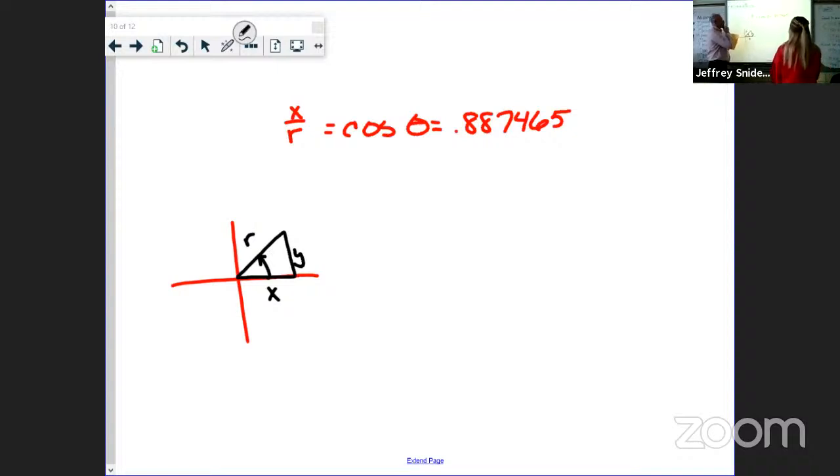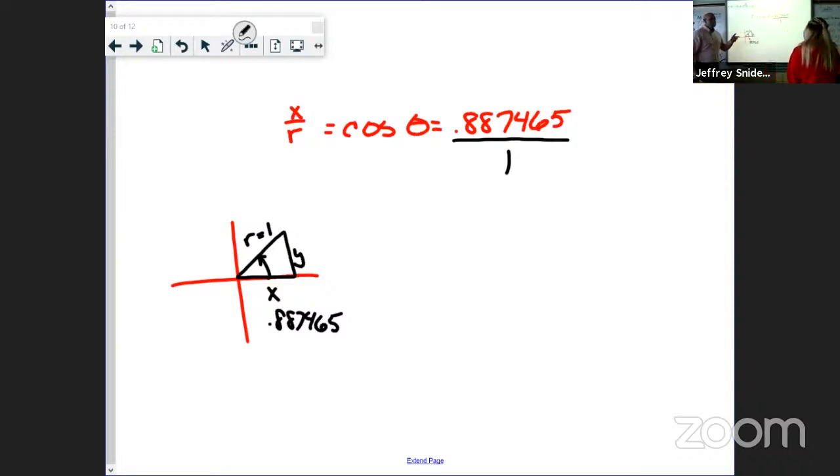Now, this is telling me, think of it like this, this is over 1. So basically x is 0.887465, and this is 1. How do I find this angle then? How do you find the angle of a right triangle if you know the two sides?